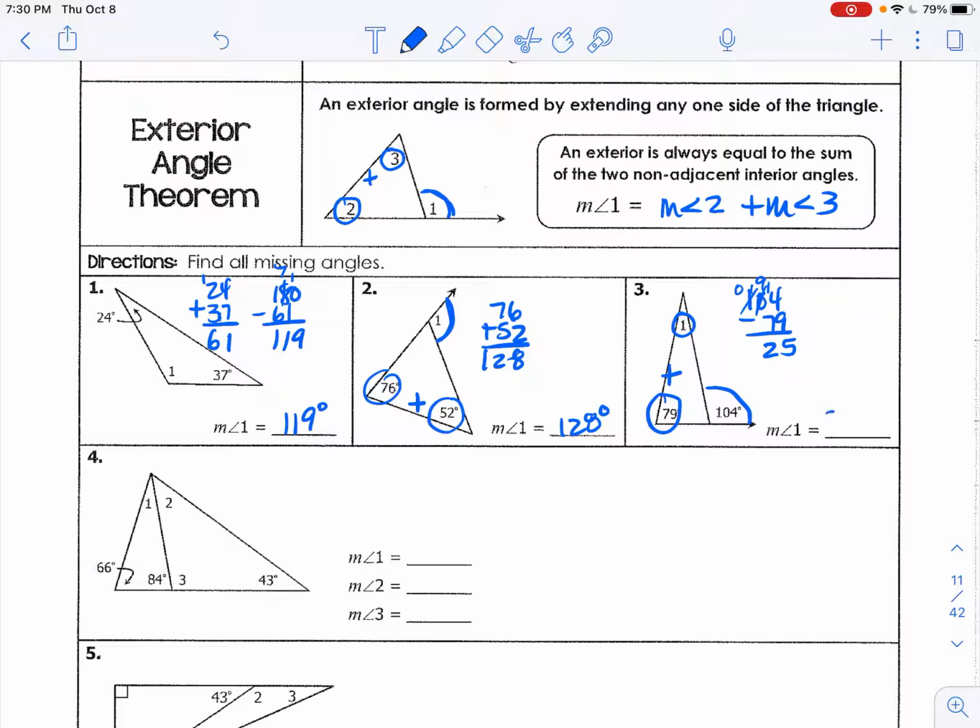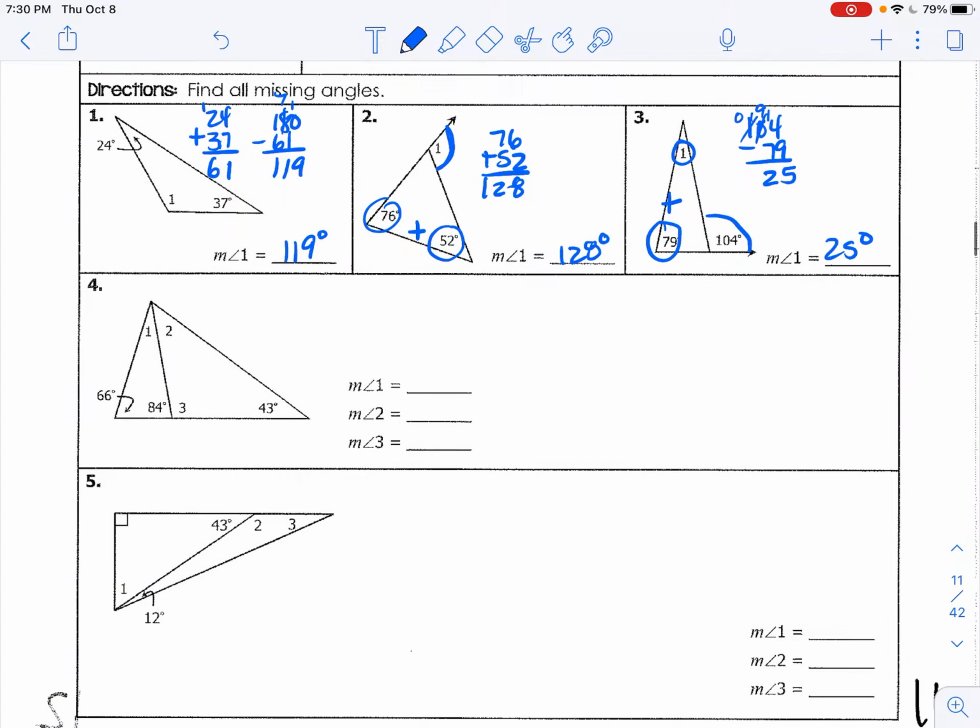In problem number 4, we can figure out what angle 1 is if we add 66 and 84 together. That's 150. So that means angle 1 is 30 because 180 minus 150 is 30. Okay, so we can find angle 3 by adding 30 and 66.